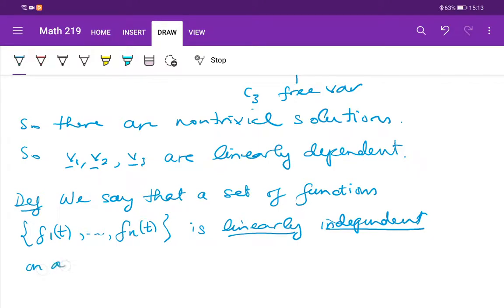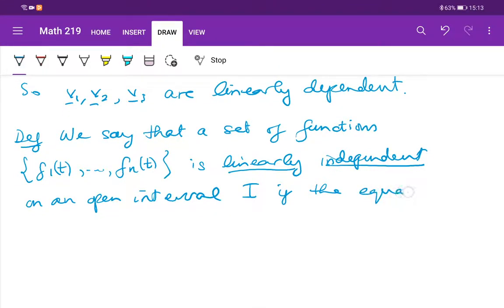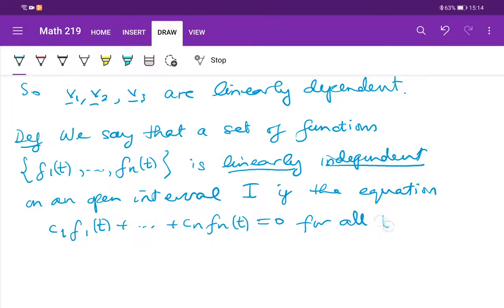We say this set is linearly independent on an open interval I if the equation c1 f1(t) plus up to cn fn(t) is equal to 0 for all t in I implies that c1 is equal to c2 is equal to cn is equal to 0.